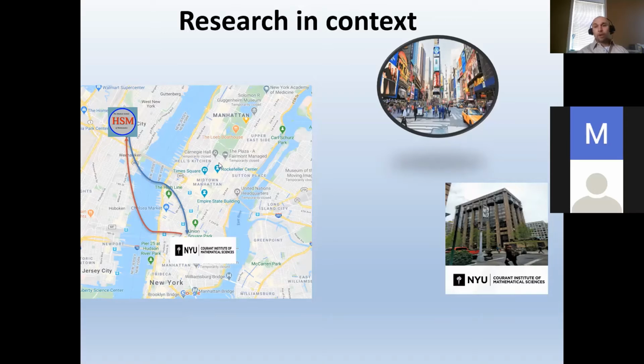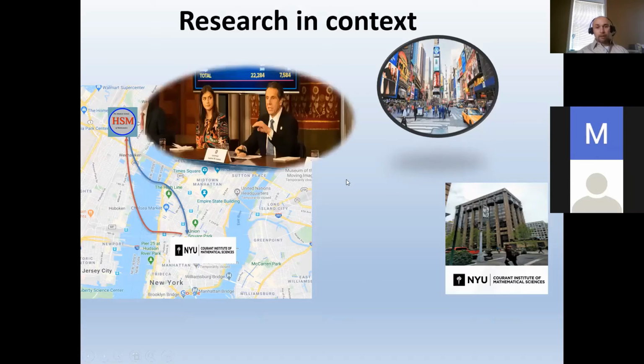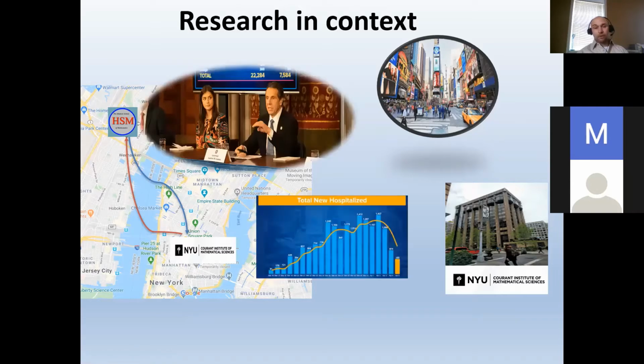So we were looking at data during the pandemic in March 2020, and of course you cannot get rid of that, you just want to see the news were on that. So this is the current governor of New York.